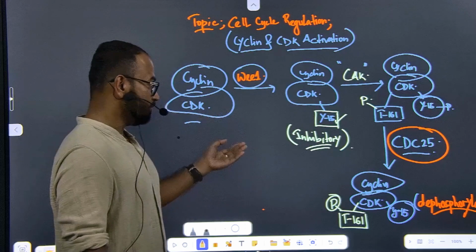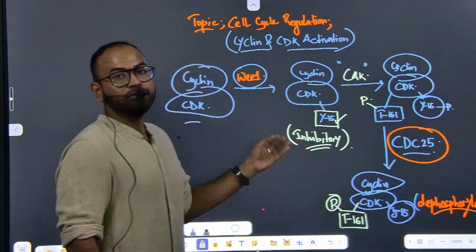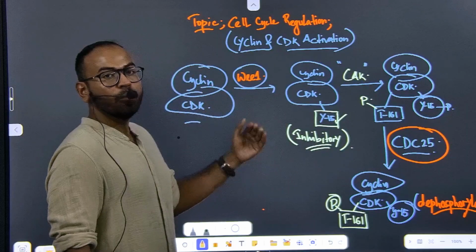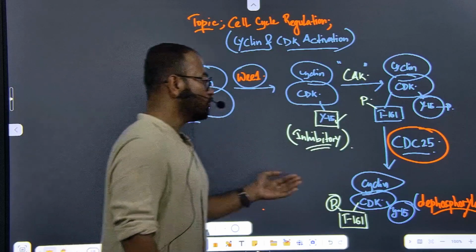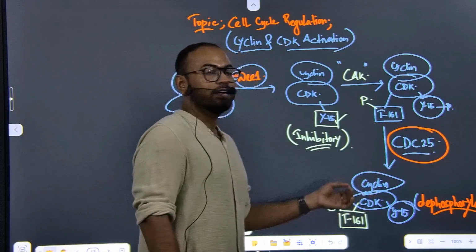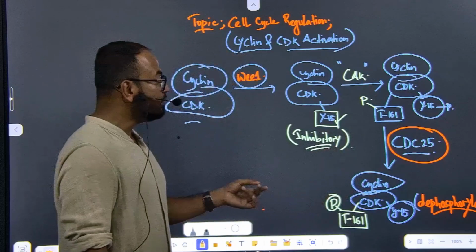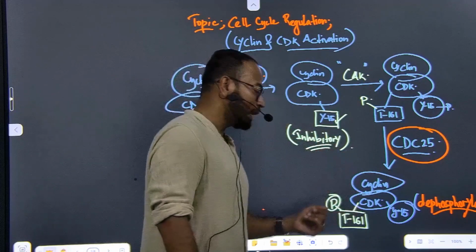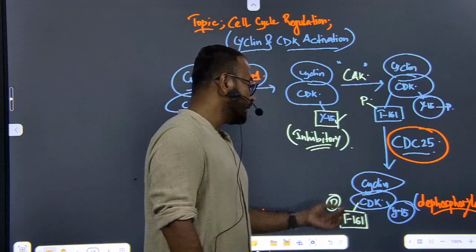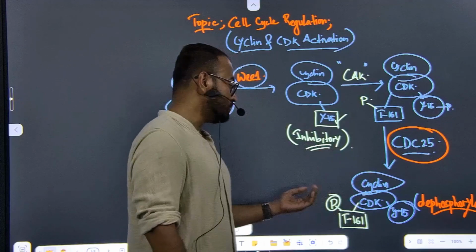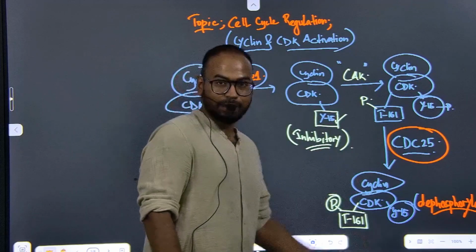But if tyrosine 15 remains phosphorylated in this manner, then the entire cell cycle won't be able to proceed. So therefore comes the activity of a phosphatase called CDC25. What CDC25 does, it dephosphorylates tyrosine 15. As a result, the entire cell cycle can proceed by means of activation of cyclin and CDK.